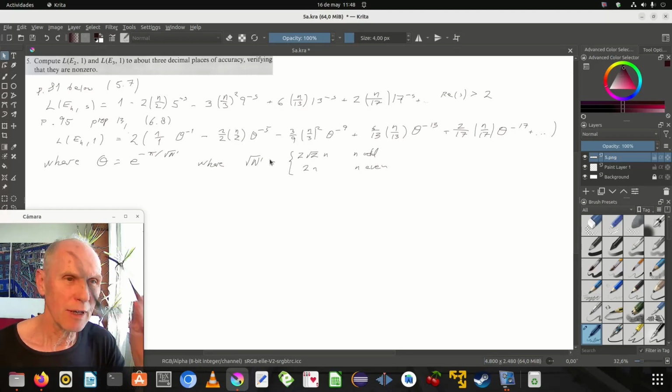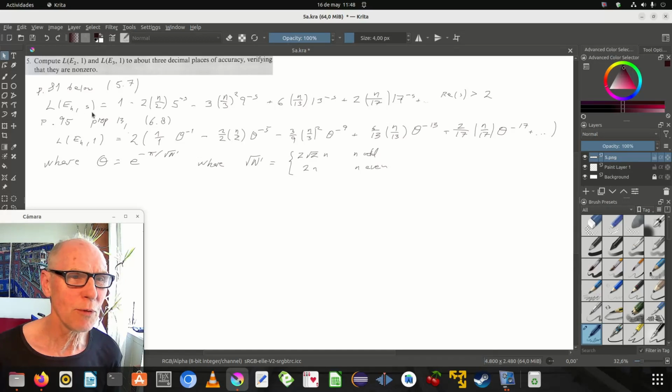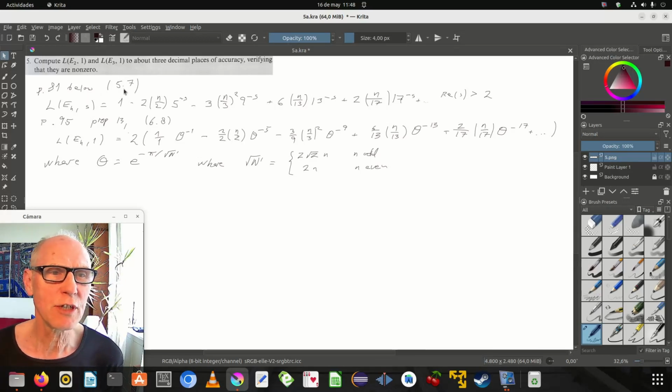And the first thing I did was to write up the formulas we need to use. So I took the expansion from formula 5.7 of the L function, and then applying formula 6.8, I ended up doing this.